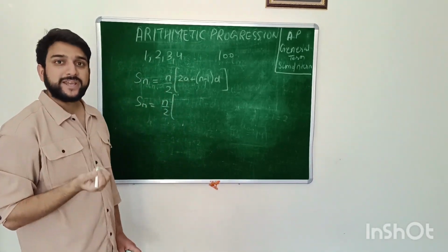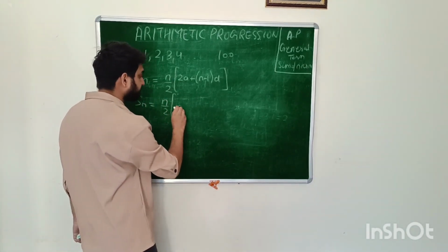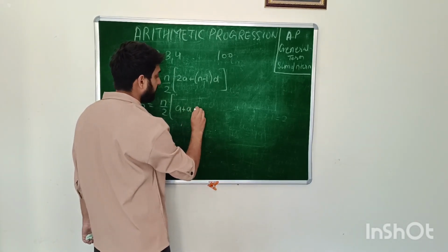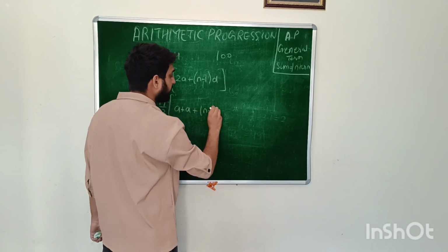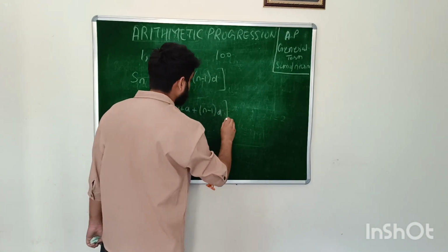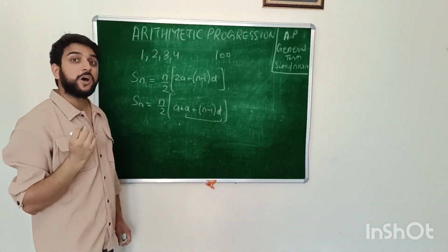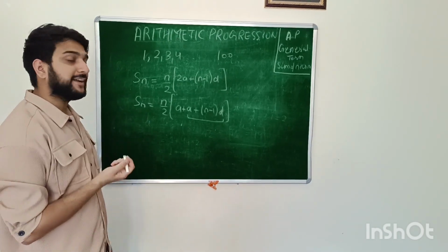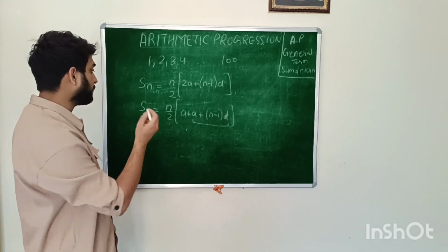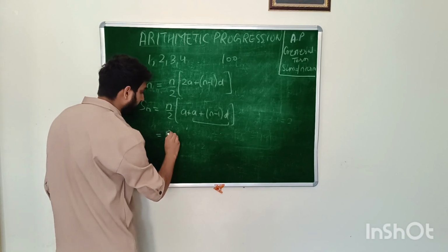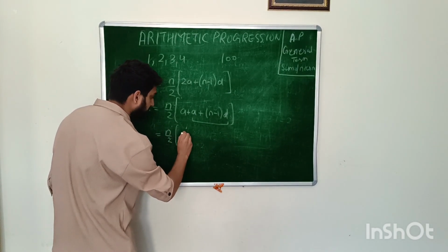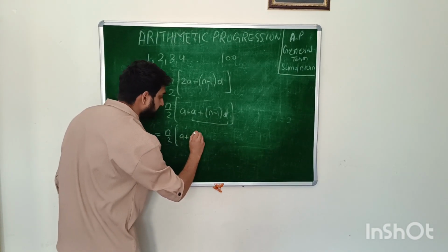We can write 2a as a plus a, and plus (n minus 1) into d. We all know a plus (n minus 1) into d is the formula of an, that is the general term of an AP. So we can write it as n by 2 into (a plus an).